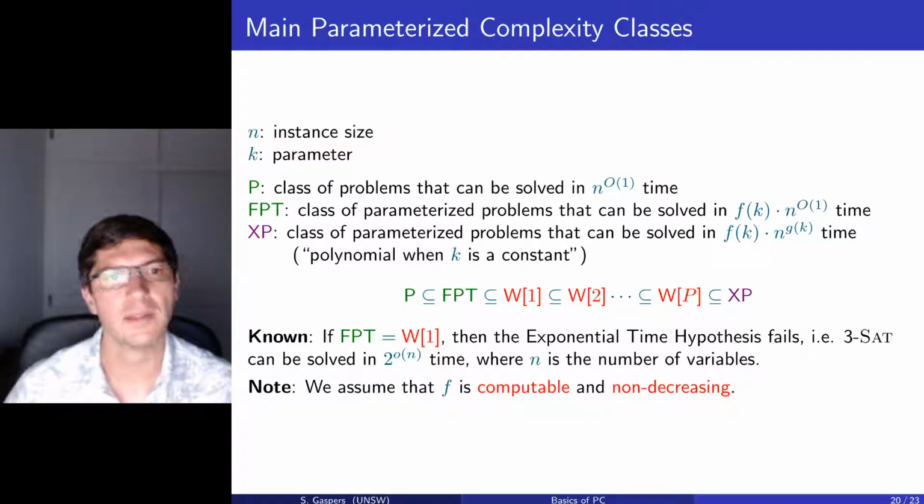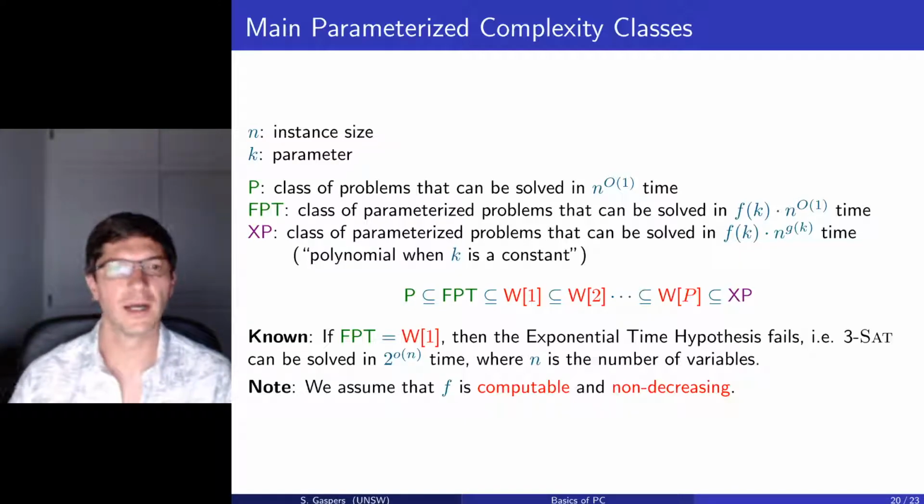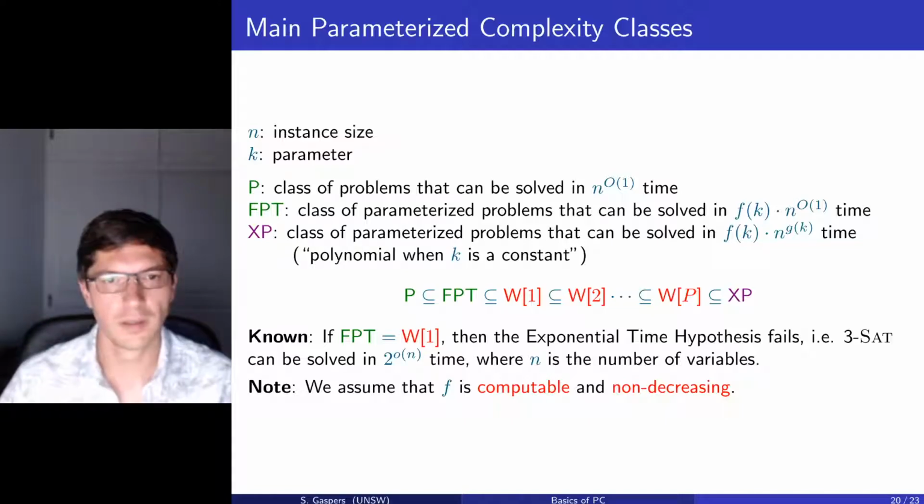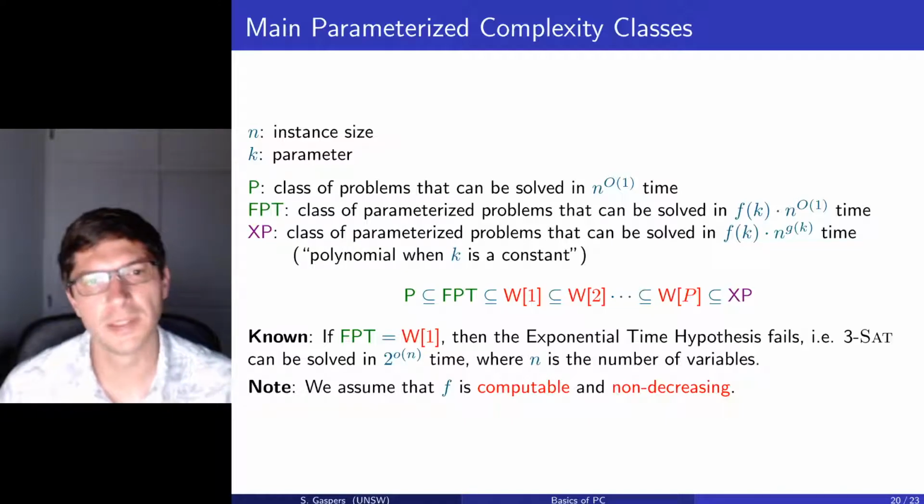Now XP is the class of parameterized problems that can be solved in time f of k times n to the power g of k. So those are the problems where we say they are polynomial when k is a constant. But the good classes here are P and FPT.